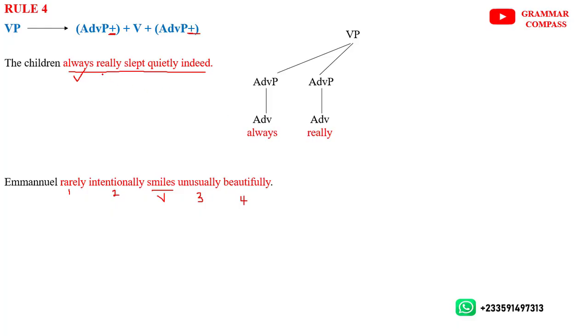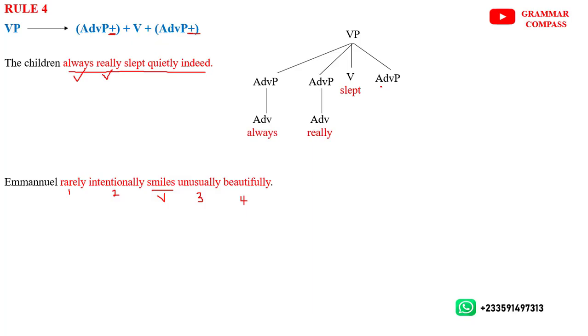Now the next part is the verb itself, that is the head of the phrase. So we draw a branch to represent the head of the verb phrase, that is the verb slept. Now to the qualifying positions or the post-modification positions. Here we can have this adverb phrase quietly qualifying the verb that is slept. So we draw a branch to make up for our adverb phrase.